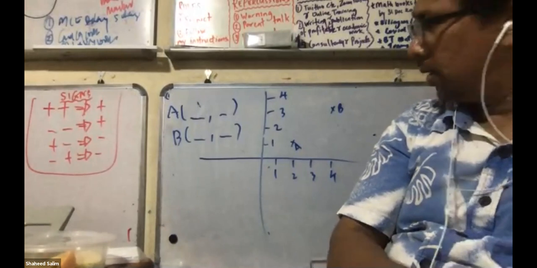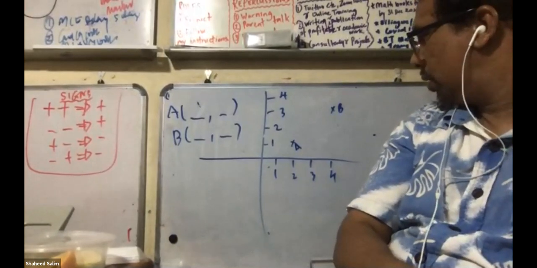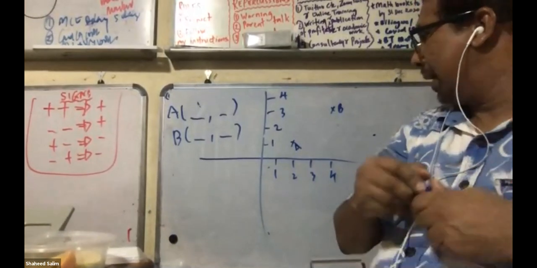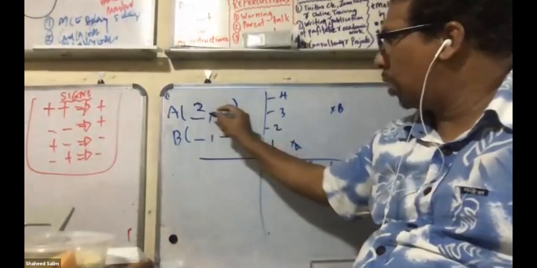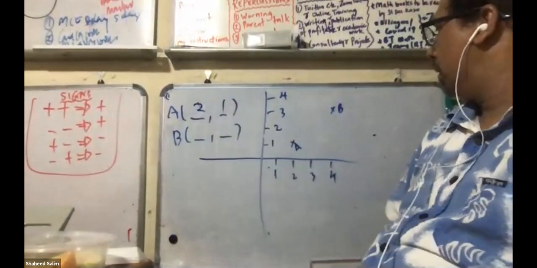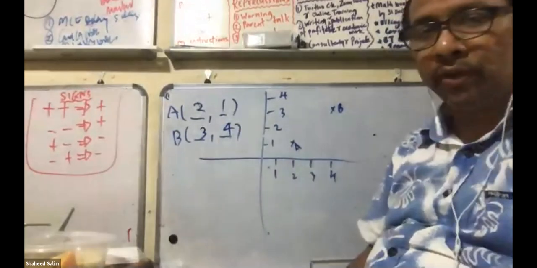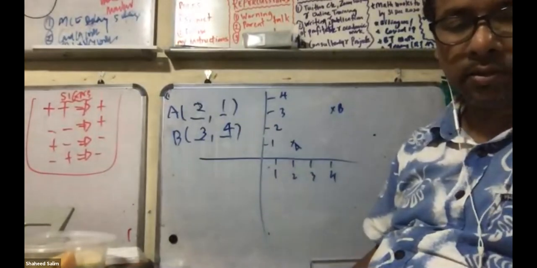The answer for A is 2, 1. 2 comma 1. Okay. Ryan, what's the answer for B? 3, 4. 3 comma 4. Shafi, do you agree with both answers?